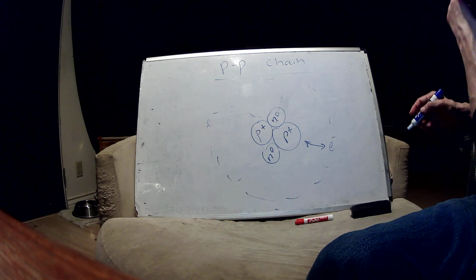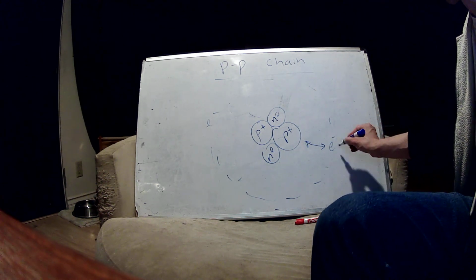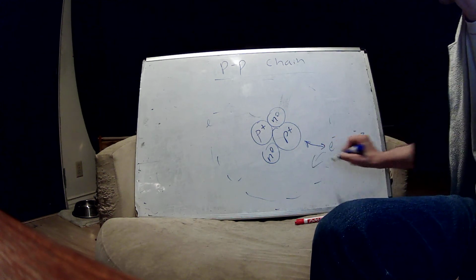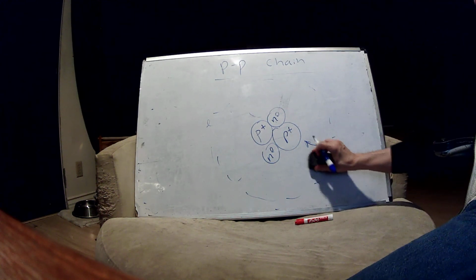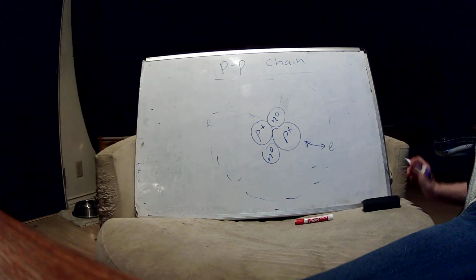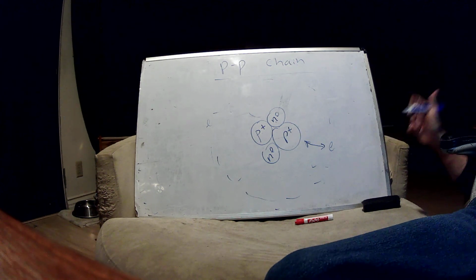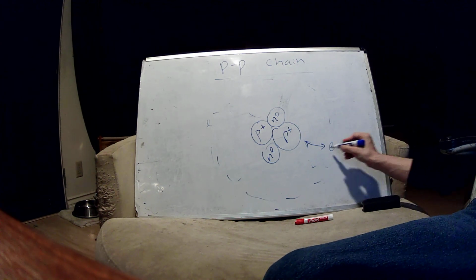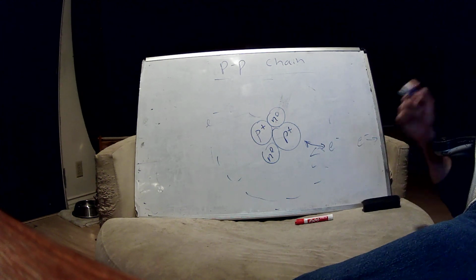But also, if there's another electron out here, these two should repel each other. So this is what we call the weak nuclear force. And it's very similar to this other idea that if you have two like charges, they should repel each other. We call it the electromagnetic force.